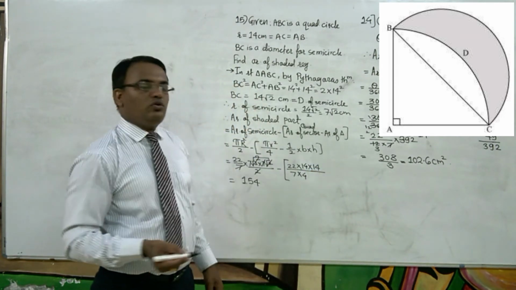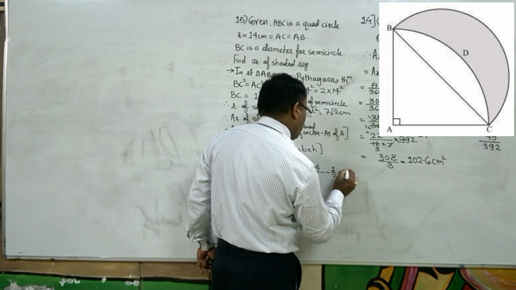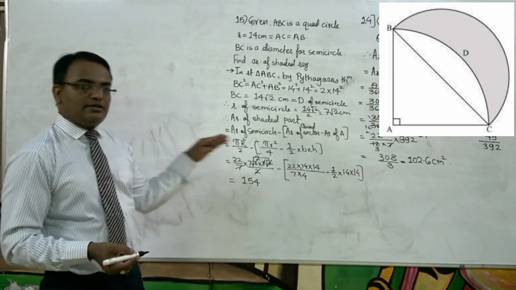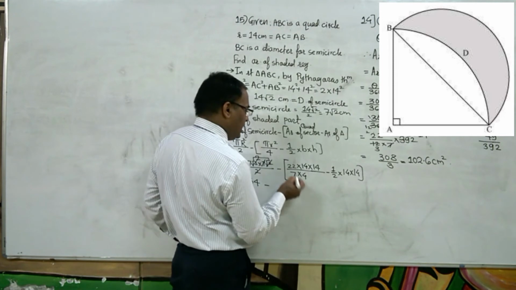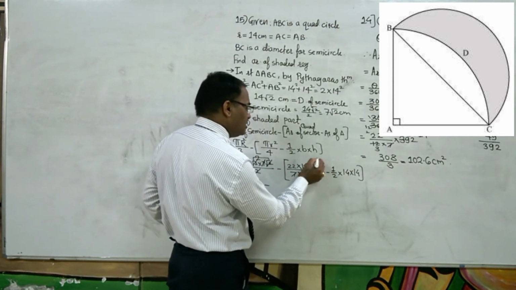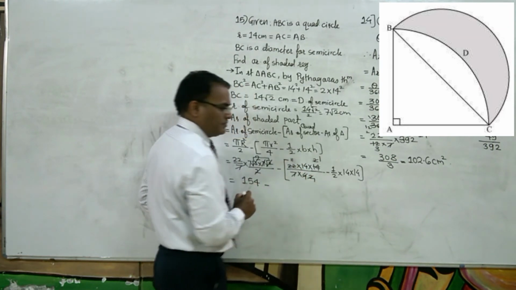Okay, 14 into 14, then minus 1 by 2 into 14 into 14, that is radius. Okay, base is also 14 and height is also 14. So here what can we get? 7 and then 7 twos are, then this 2 twos are, then this 2 11s are.